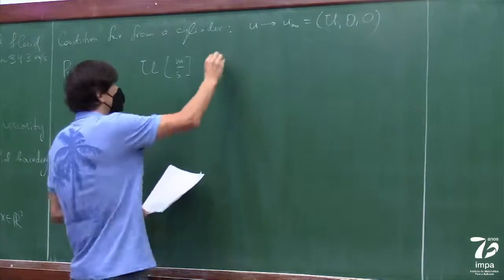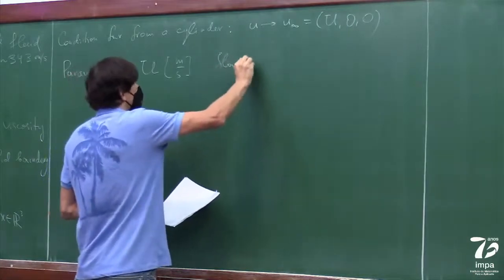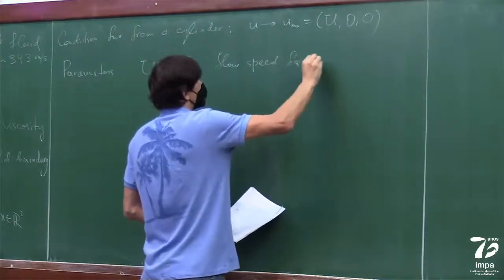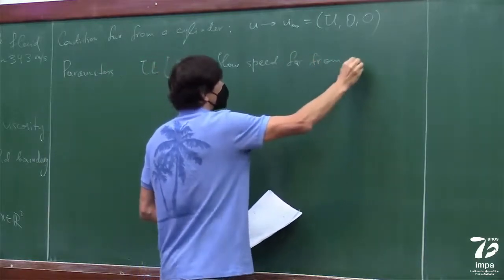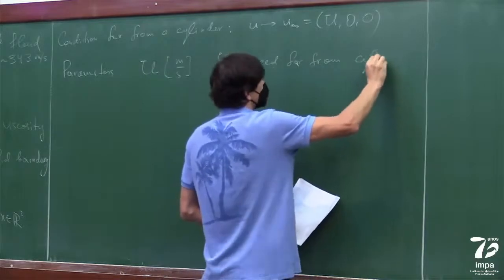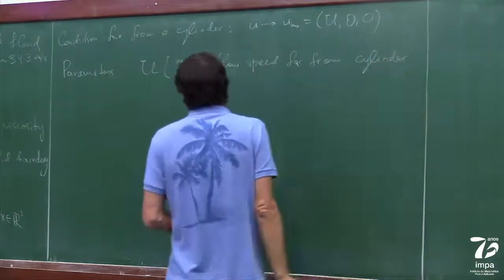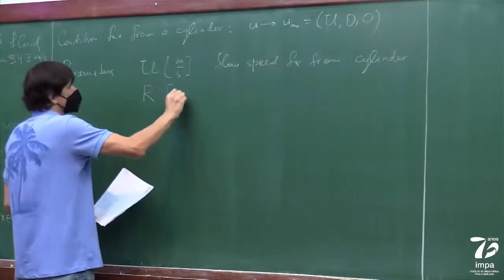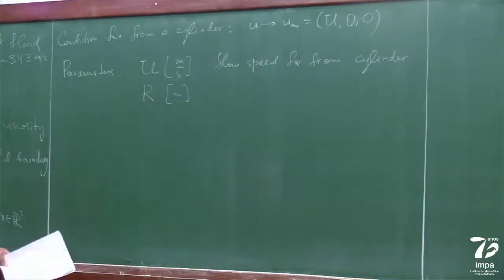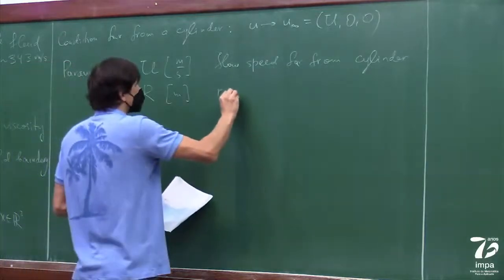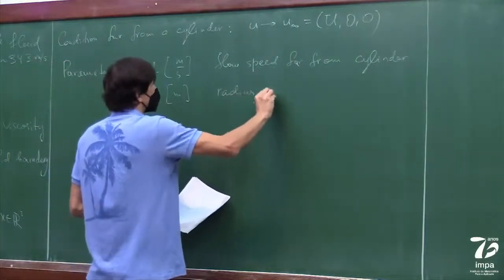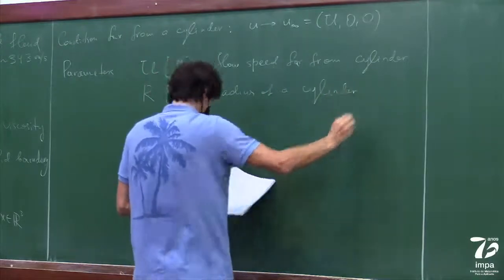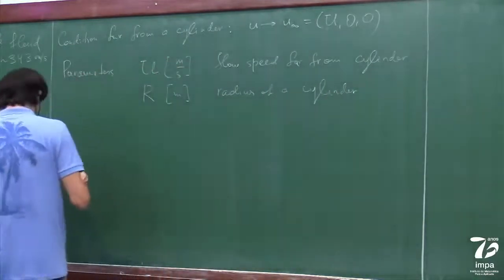So the flow velocity, the speed far from the cylinder, the speed of the wind. Then we have the radius of the cylinder. Then the density of the fluid.